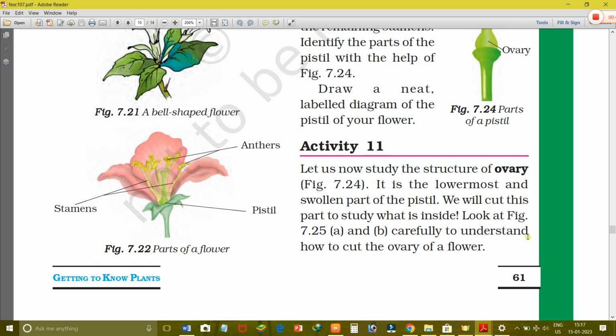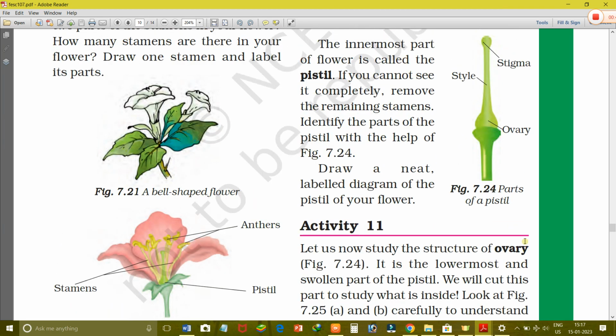Activity 11. Let us now study the structure of the ovary. It is the lowermost and swollen part of the pistil.